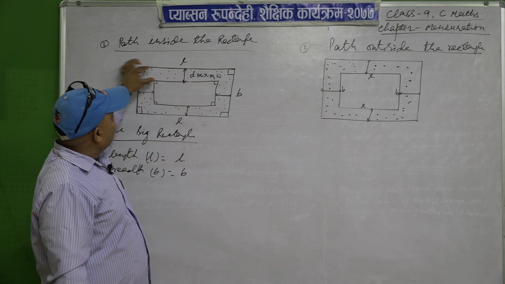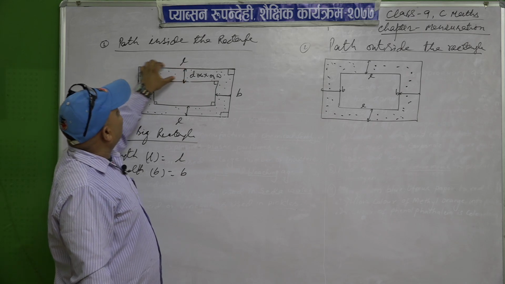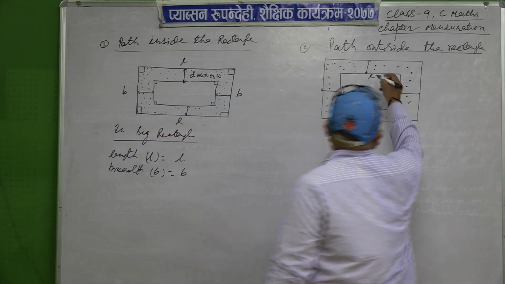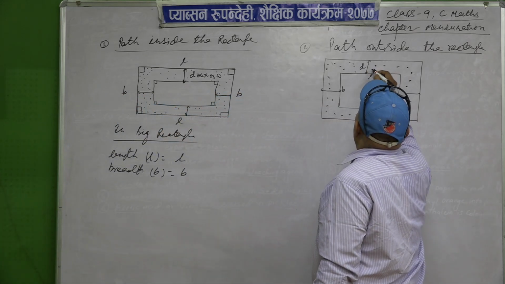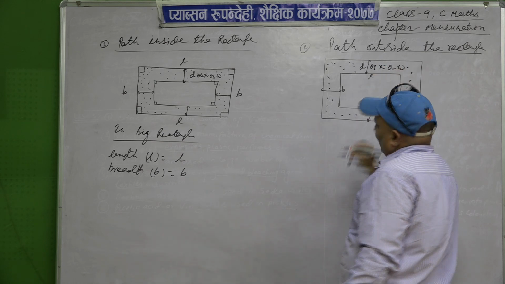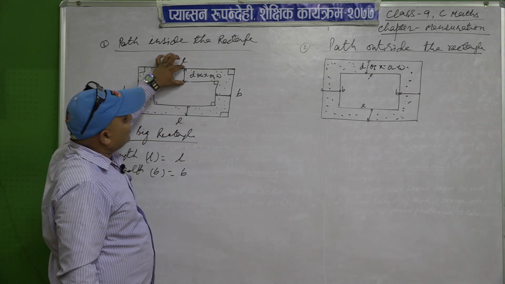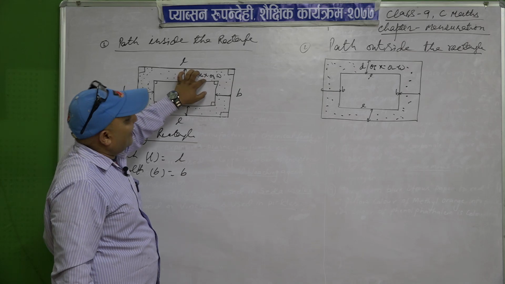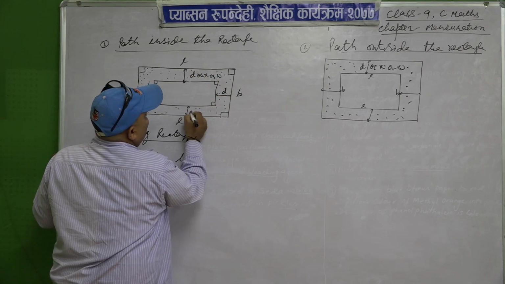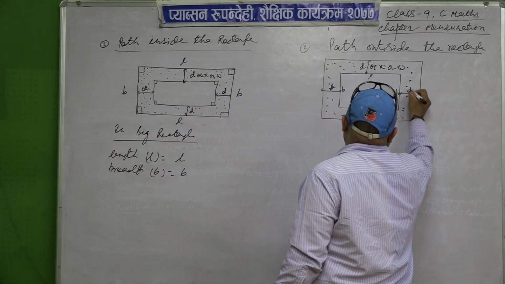Suppose D is the width of this uniform path. Here also D is the breadth, you can write D, or X, or W or other letters also. Suppose the distance of this part is D or X or W, and this is all uniform, all side uniform.